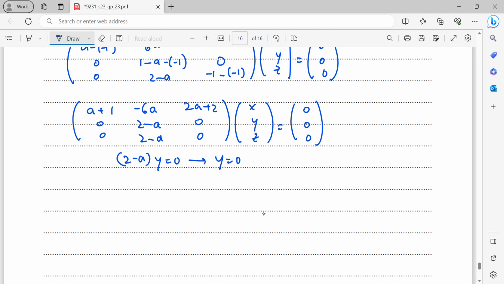Then now I substitute into the first equation, the first row. So (a plus 1) times x minus 6ay plus (2a plus 2)z equals to 0. Now you replace the y by 0 here.